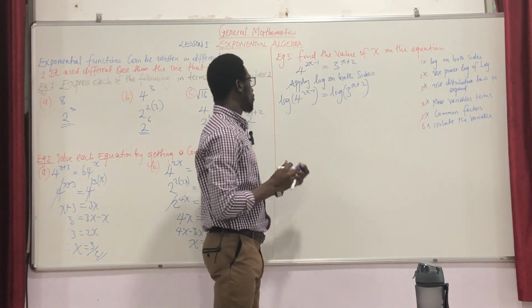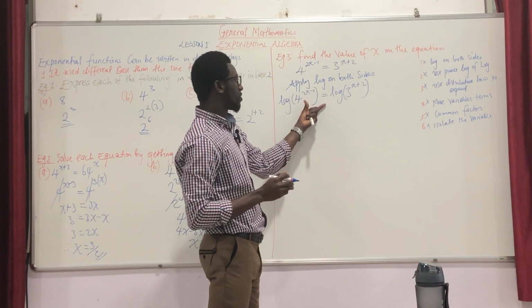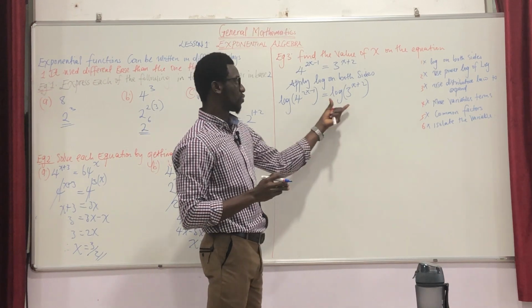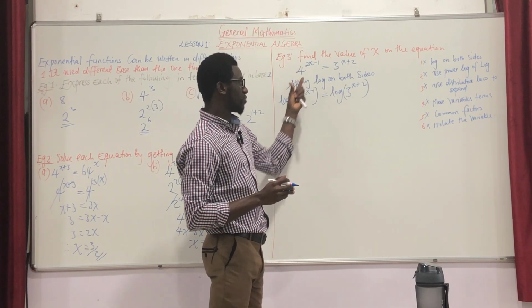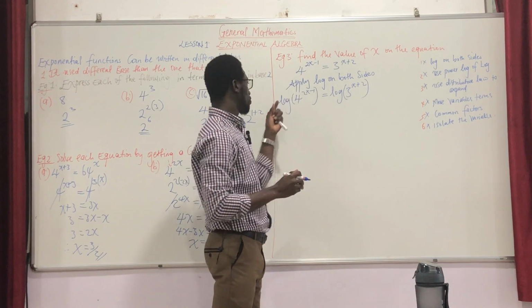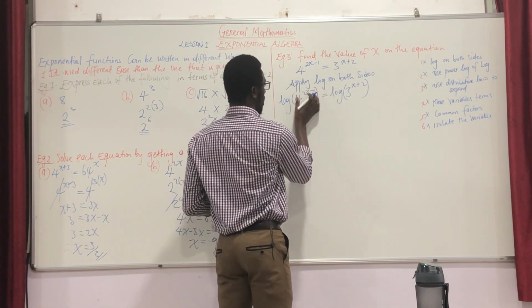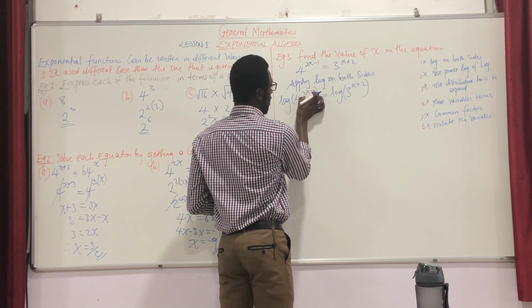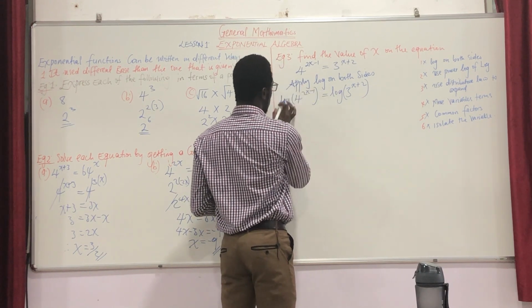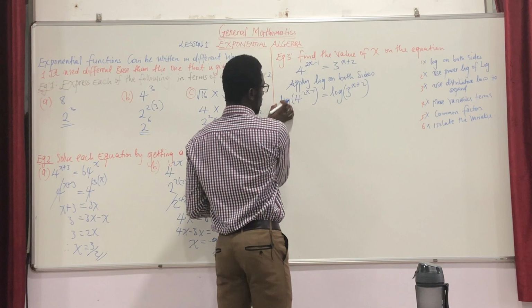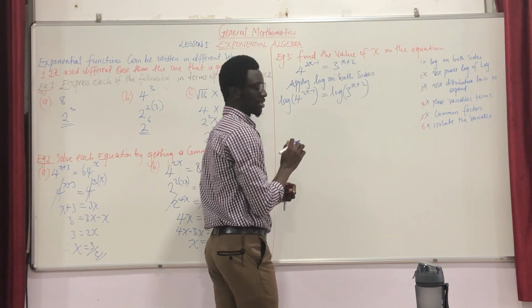So now we apply the power law of log on this equation. You know we have power here. Logarithm says if you have a power, this power will come down and multiply by the log.